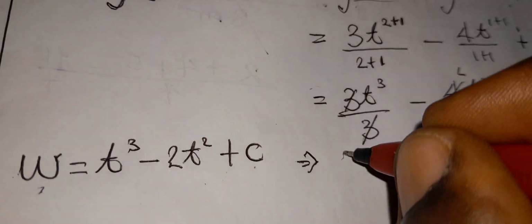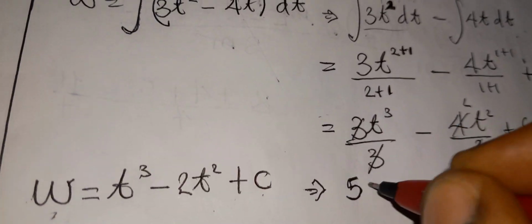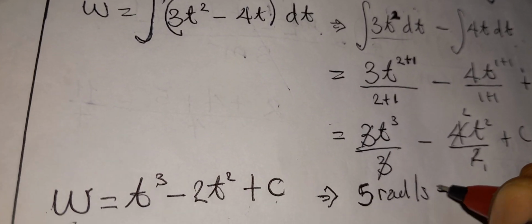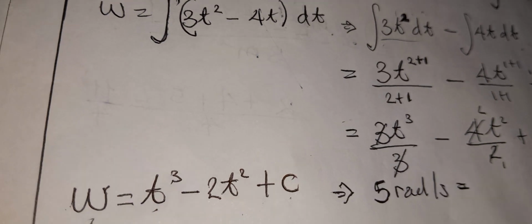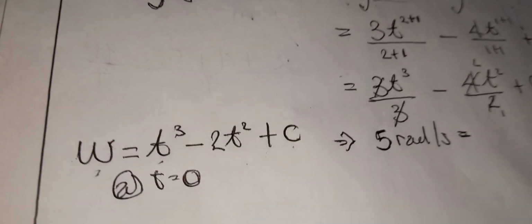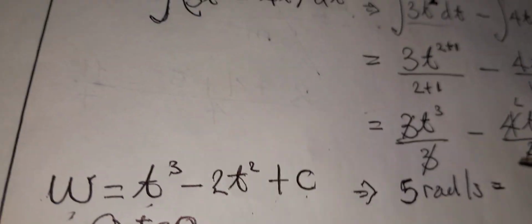That is the angular velocity, is 5 rad per second for every time that t equals 0. So at t equal 0, anywhere we see t, we just put in 0.